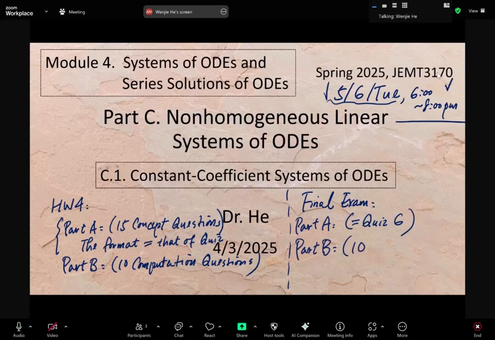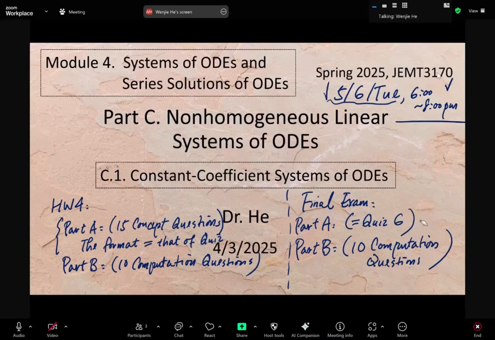Part B is still 10 computation questions. Ten questions is already quite a lot for the 2 hour time, but some questions are relatively simple, not very hard.